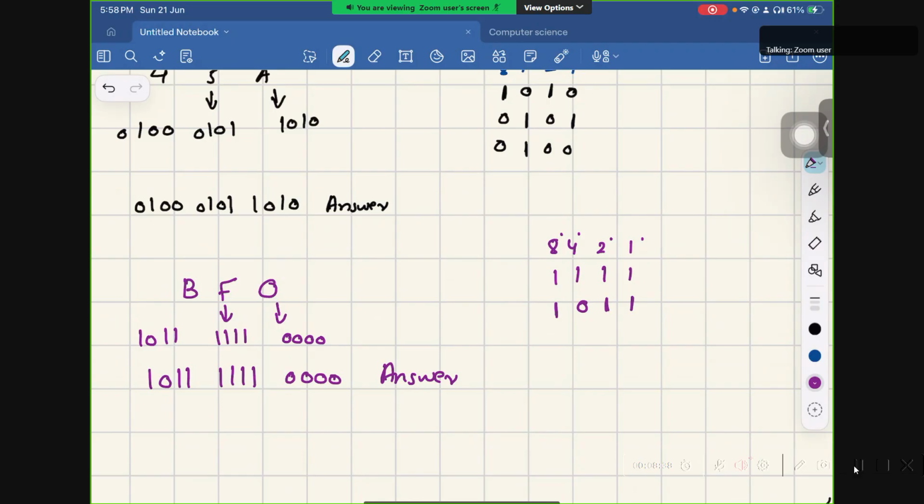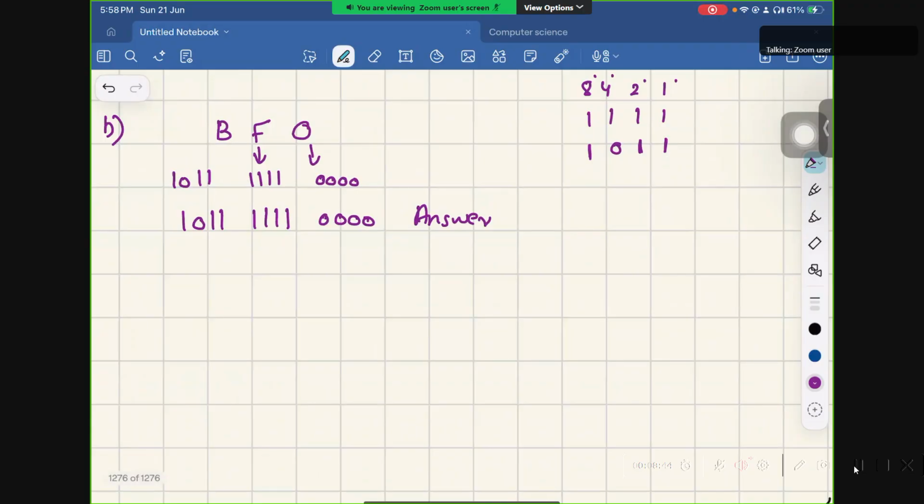Now we are going to talk about how to convert from hexa to denary. I will take one example.